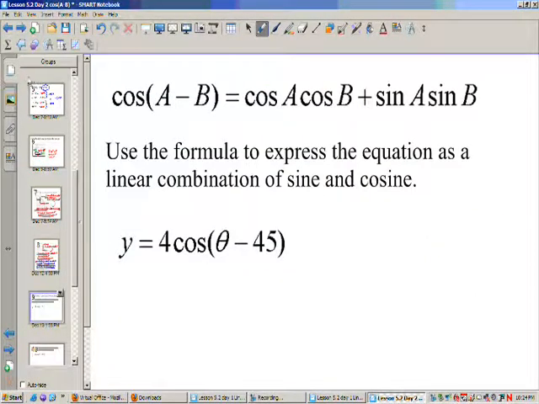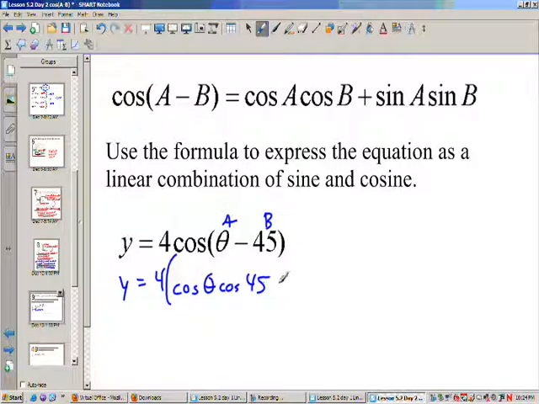Now we can use that formula in order to expand 4 cosine of theta minus 45 to write it as a linear combination of sine and cosine. So I could say this is 4 parentheses cosine of theta minus 45. So this would be my A, this would be my B. I could write this as cosine theta, cosine 45, plus sine theta, sine 45.